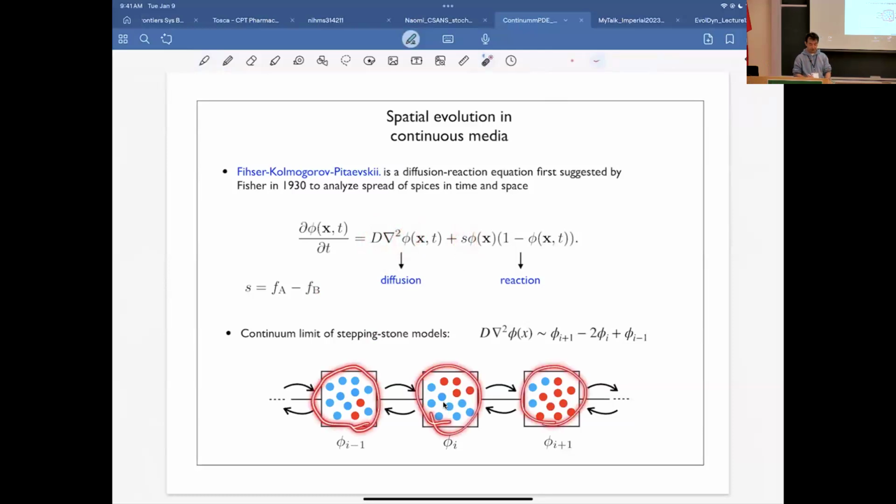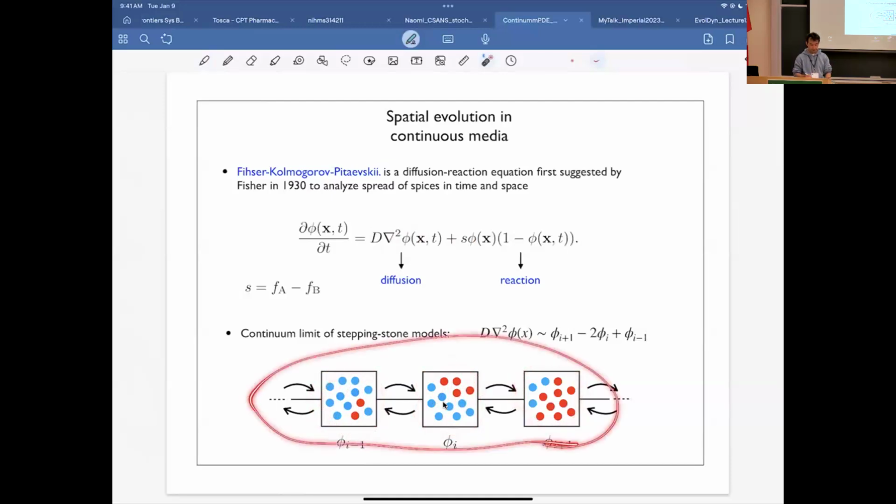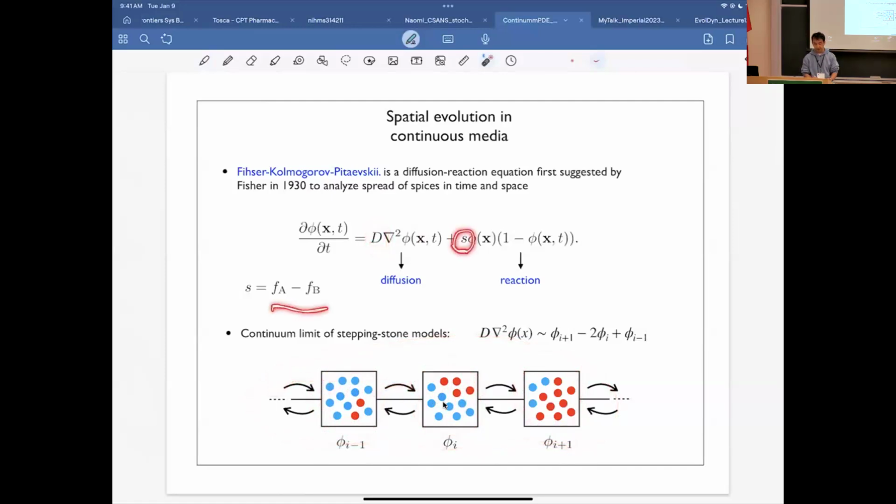So I'm assuming I have these islands which are extremely small in size. They have a lot of mutants or population inside them, but are still small, in hydrodynamic limit in physics terminology. Or it's basically metapopulation type models with very small physical sizes. D would be related to the migration probabilities in and out, and S would be the difference between the fitnesses of the two types.